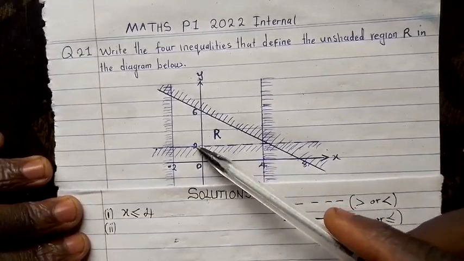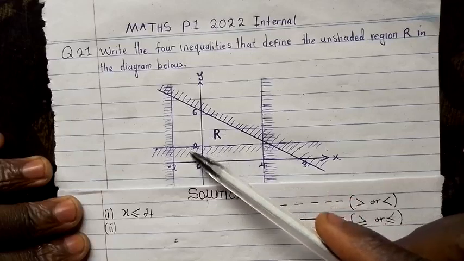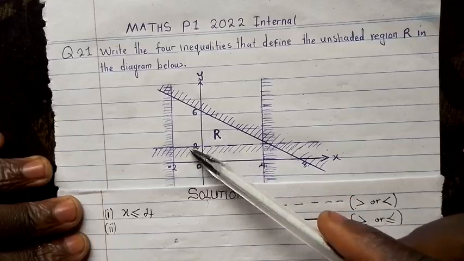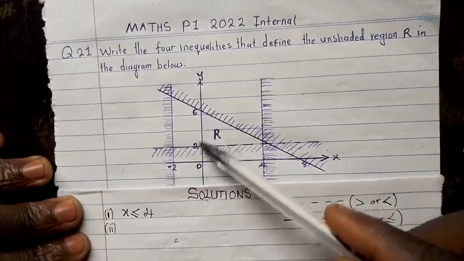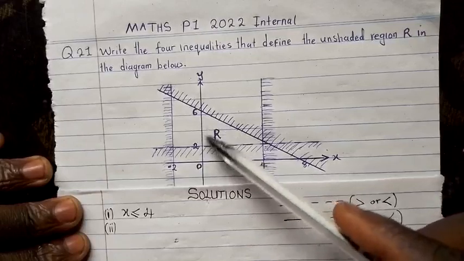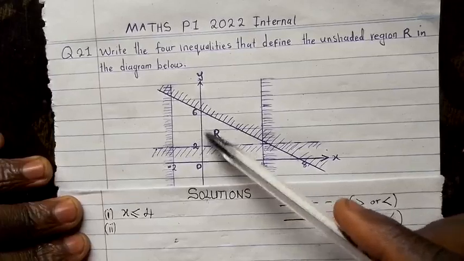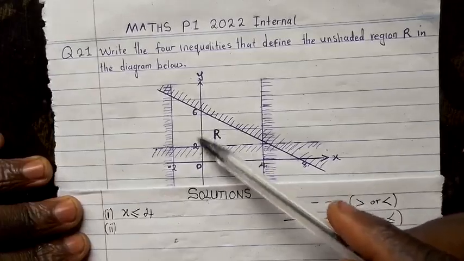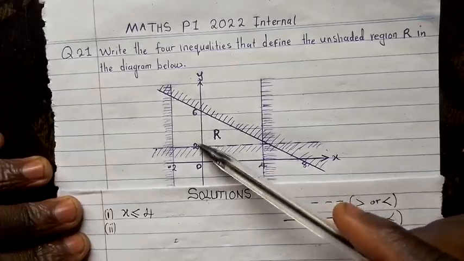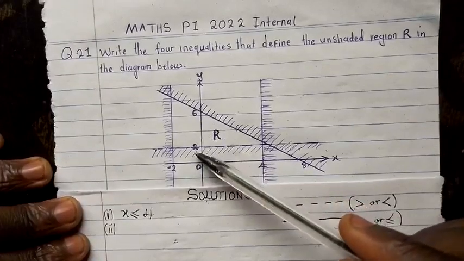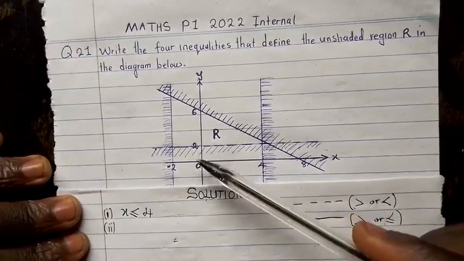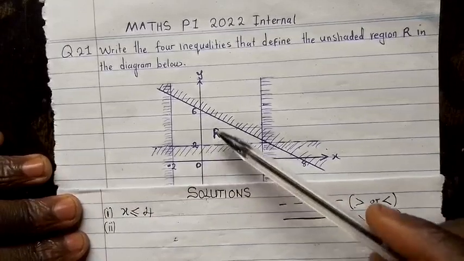It is greater than 2. This one is 2. The reason I'm saying the unshaded part is greater than 2 is because as you go up, you're going to find that the numbers will be increasing. Now I'm going to identify which axis this line is cutting.